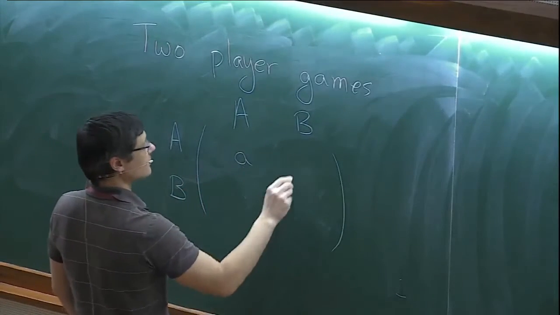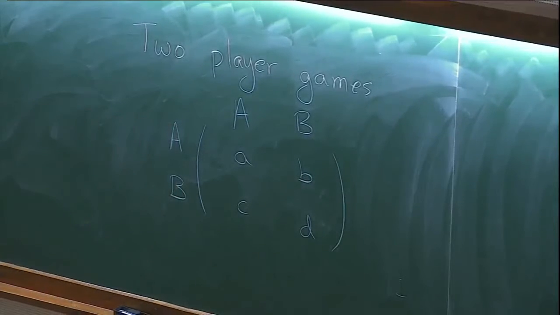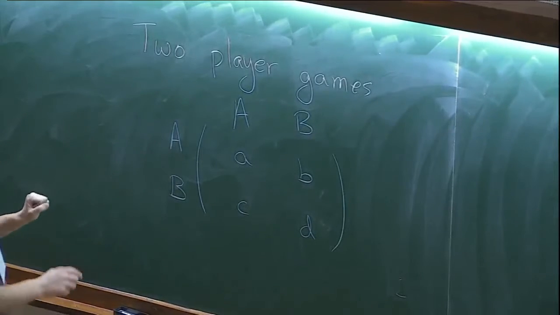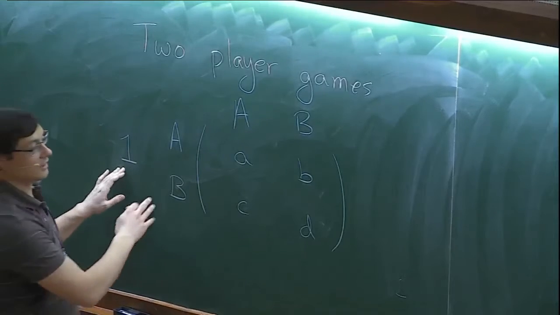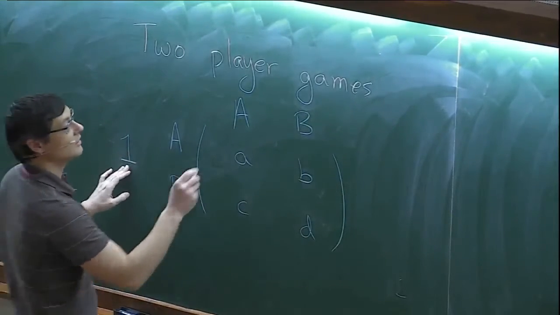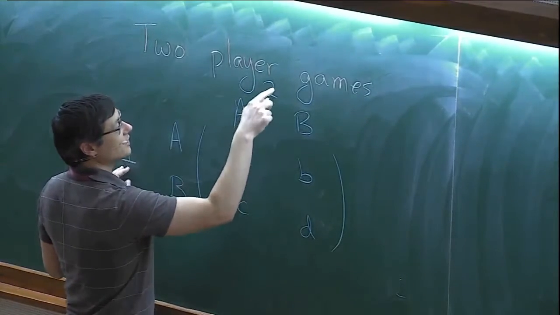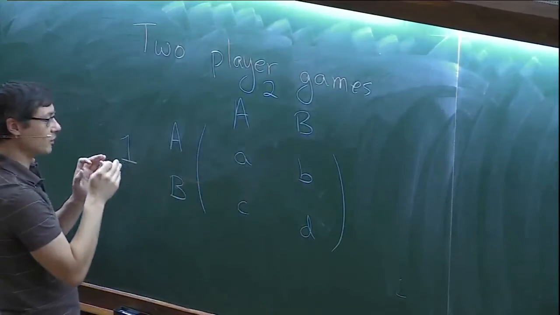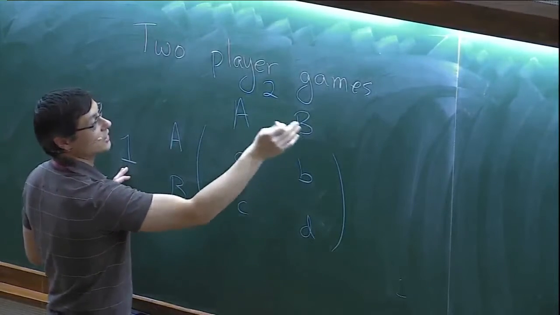This is a simple notation, and we'll try to figure out what it means. This is a matrix that tells us the payout to player one, depending on his strategy and depending upon the strategy of his opponent.